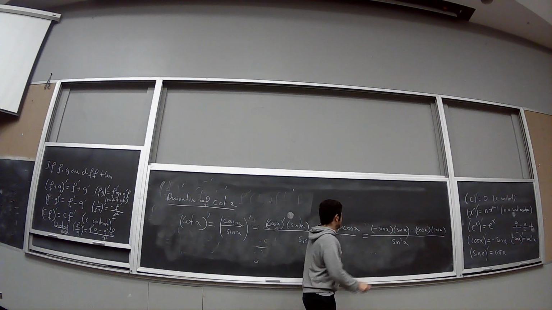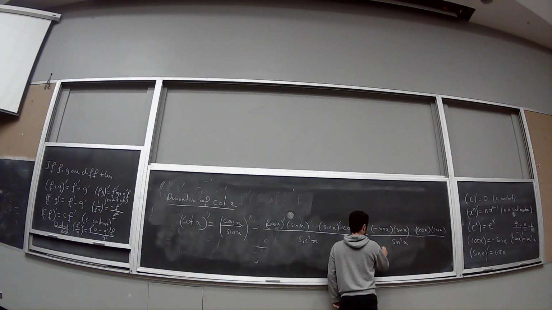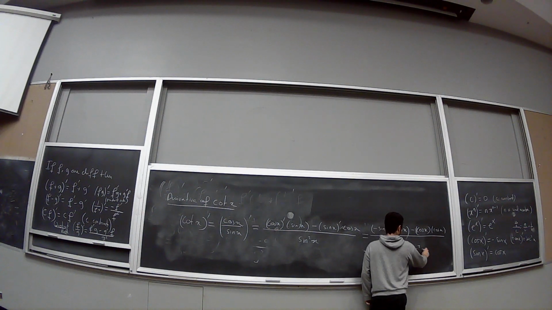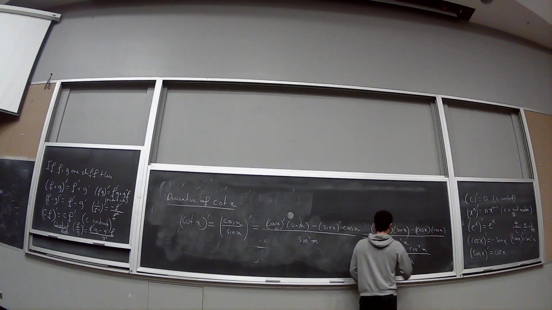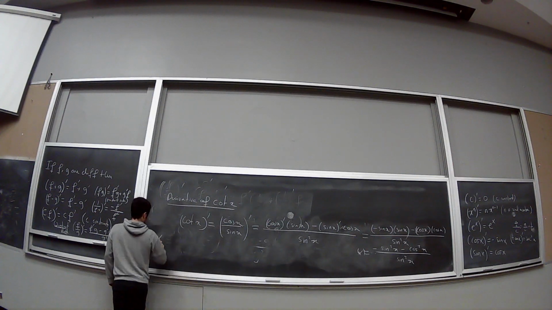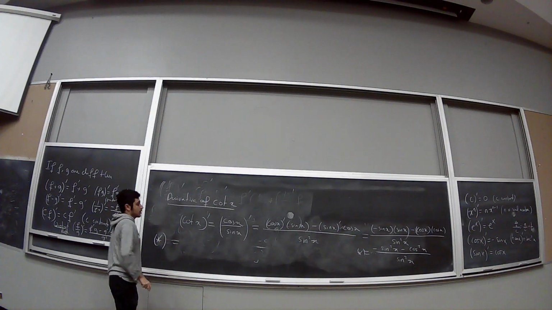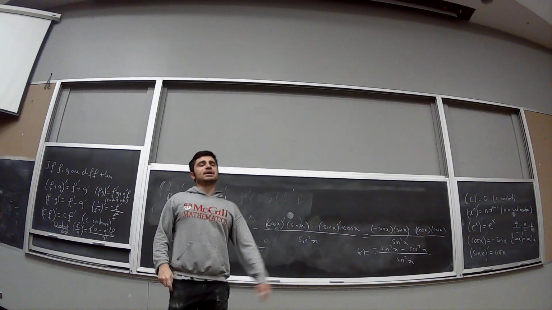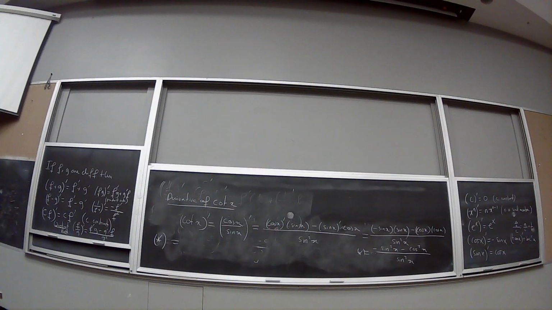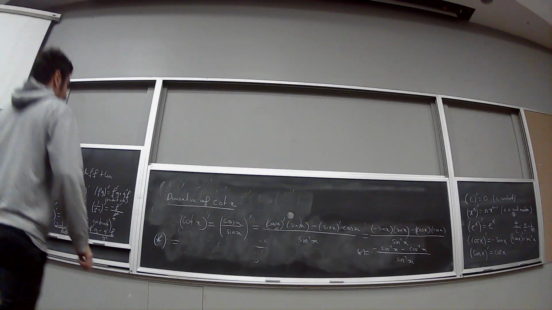Great. So what do I have? I have minus sine squared x minus cos squared x over sine squared x. Great. What is the numerator in that case? Minus sine squared minus cosine squared. What is that equal to? Everybody? It's negative 1 over sine squared x.